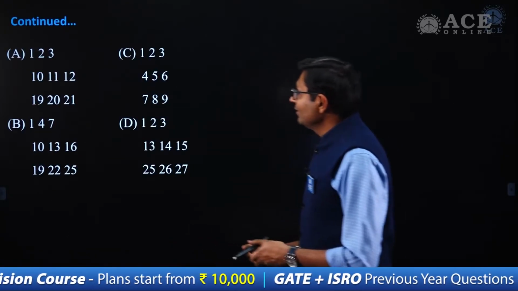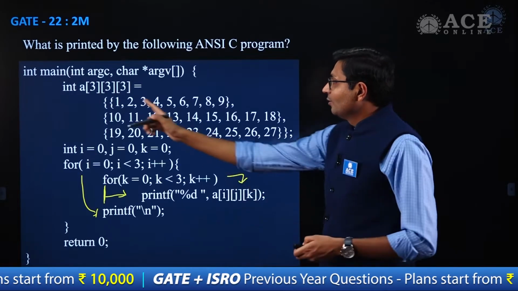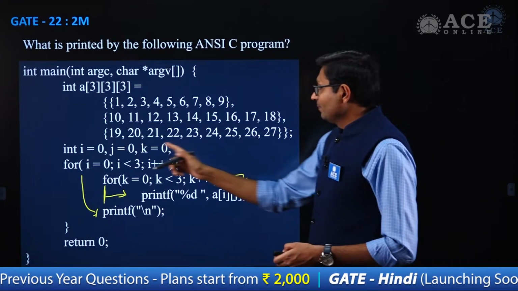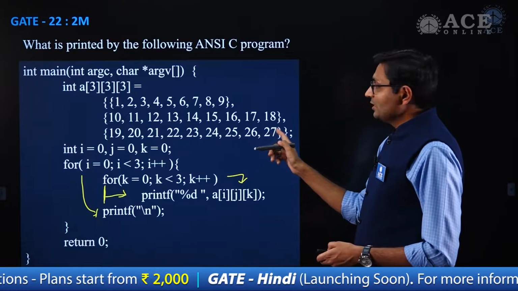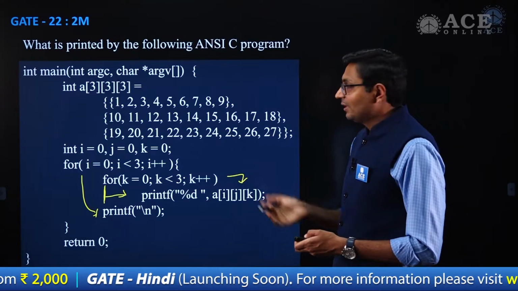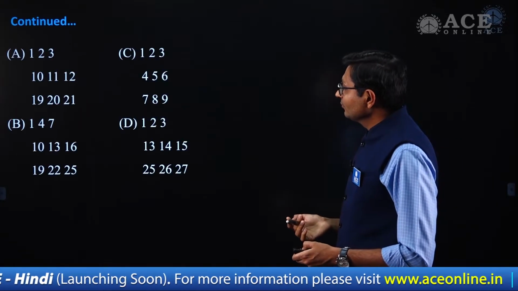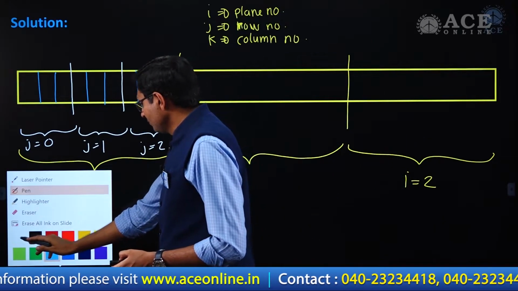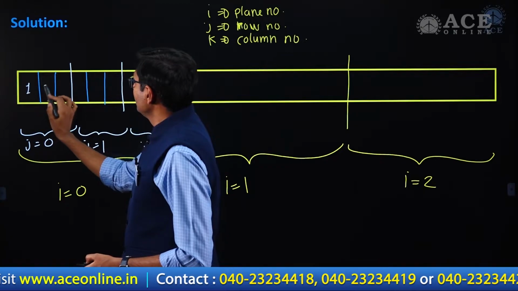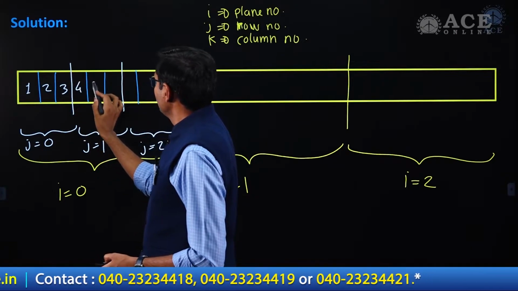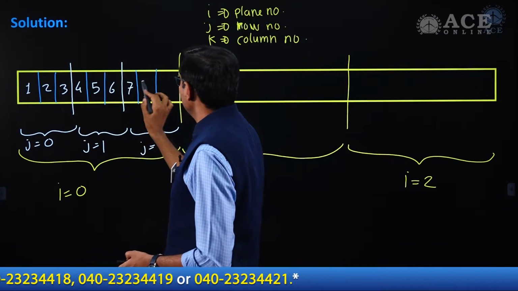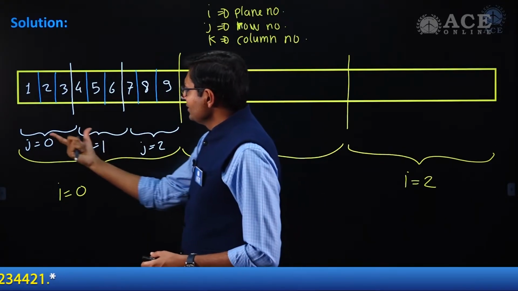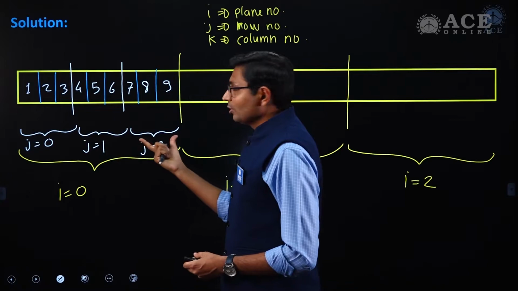Let's put the numbers. So what is given in the first plane? 1, 2, 3 up to 9, 10 to 18, 19 to 27. Straight away 1 to 27 numbers are given. So let me put the numbers now. Alright. 1, 2, 3, 4, 5, 6, 7, 8, 9. So this is row number 0, row number 1, row number 2.